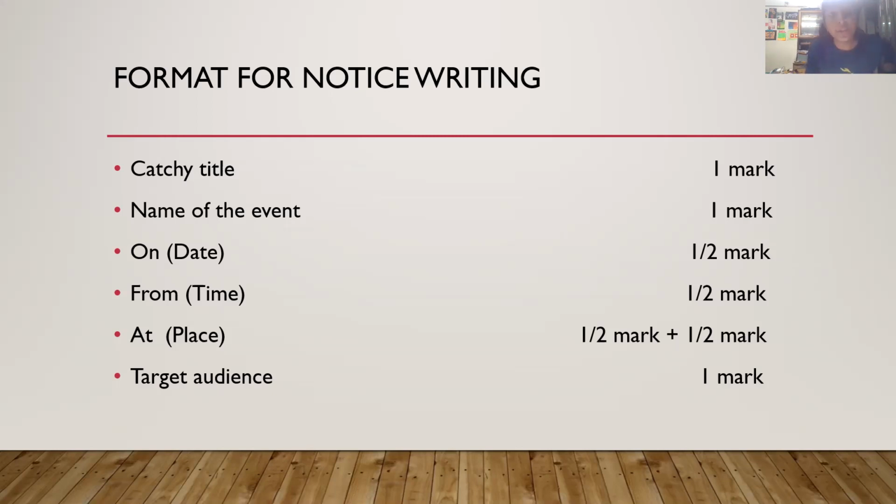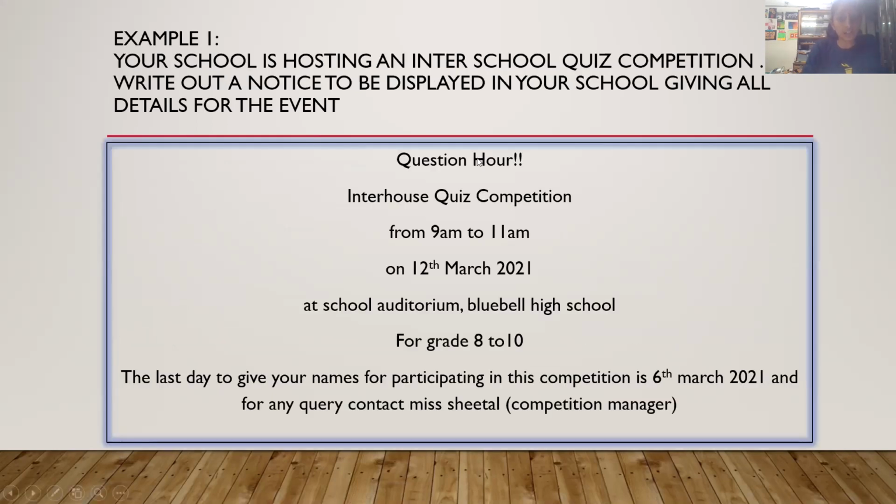I personally lost marks in this when writing OFA. I had written F, O, and A, the starting letters of these three words, in capitals: F of from capital, O of on capital, and A of at capital.